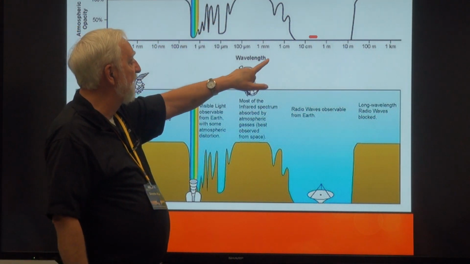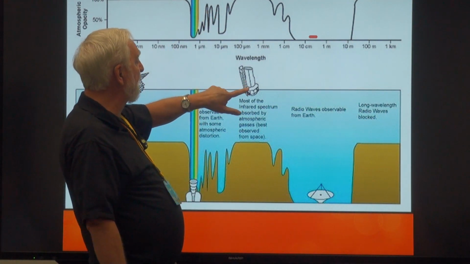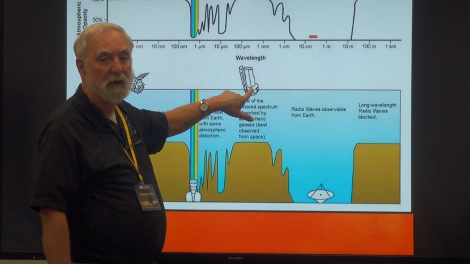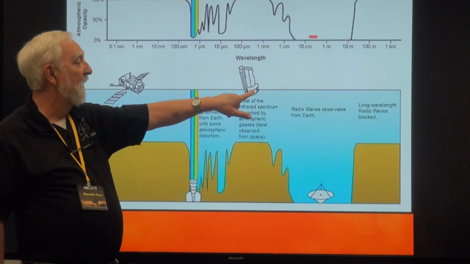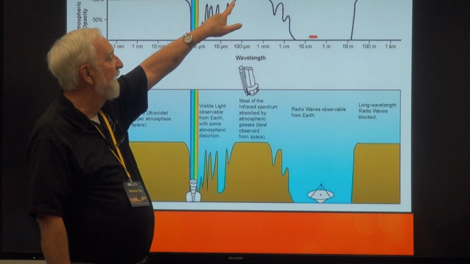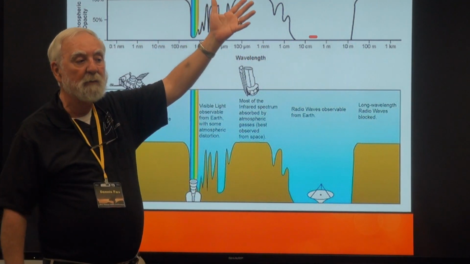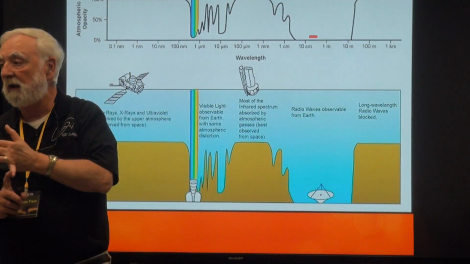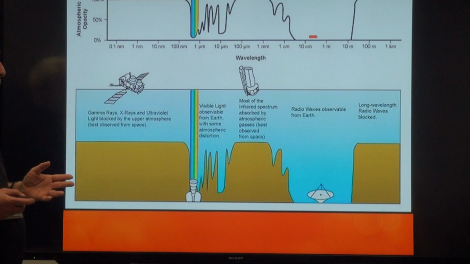And then we go into this area here, which is like the infrared. Well, at these frequencies, that's why we have to put up Hubble and other similar satellites, because once again, the atmosphere is opaque to those frequencies, and we have to go above the atmosphere if we want to do infrared imaging to find a lot of the stuff that's going on.